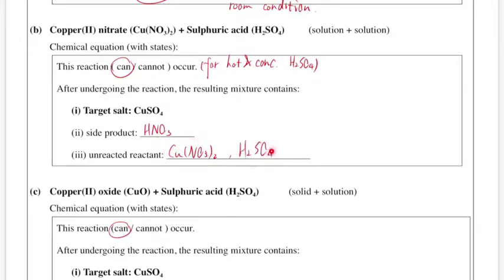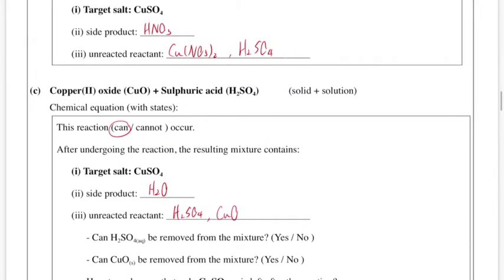They are also solutions, and our side product is again a solution. So how can we separate our target salt, which is a solution, from the rest of the solution in the mixture? Okay, very challenging, right? And there should be no easy way to separate it.